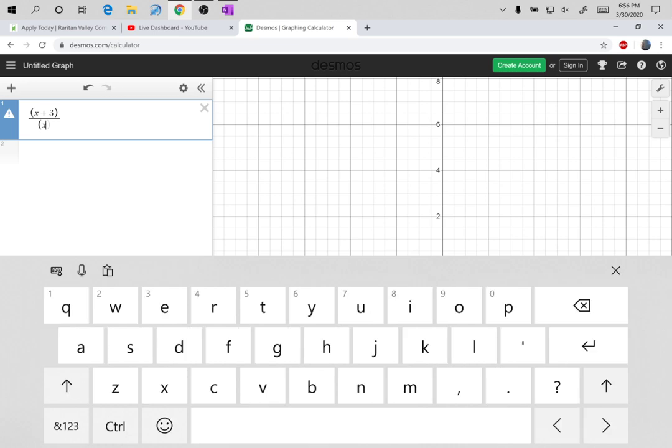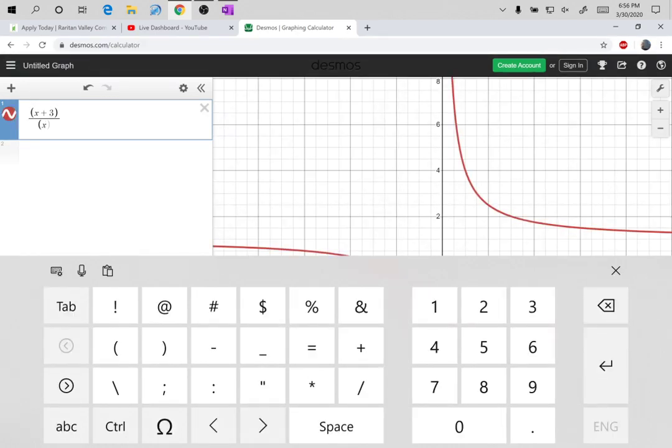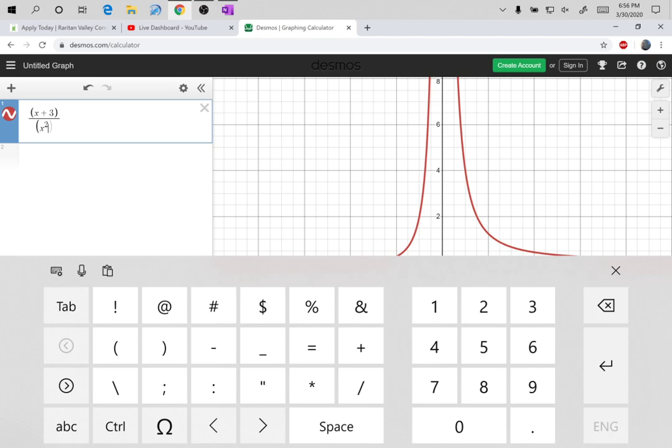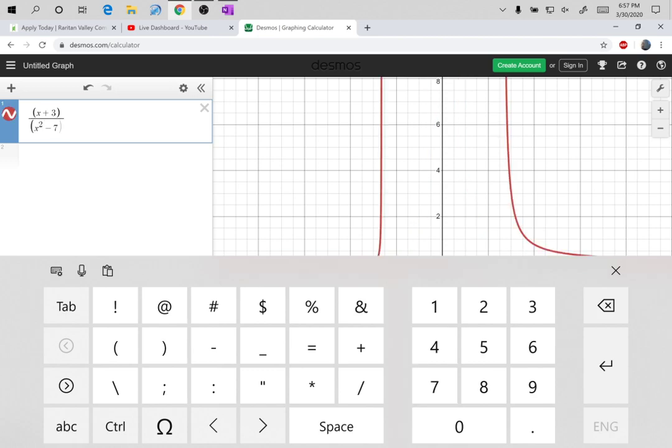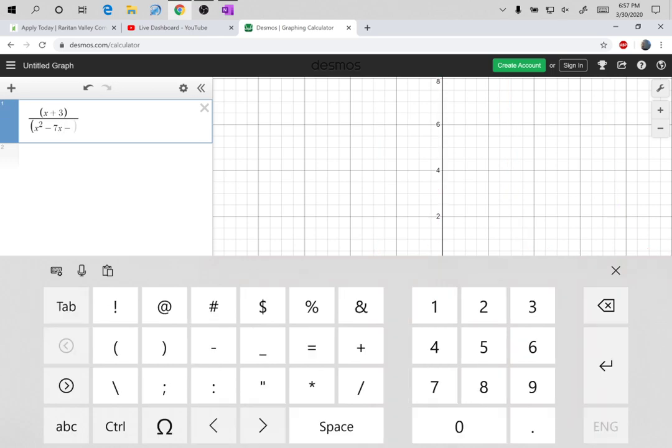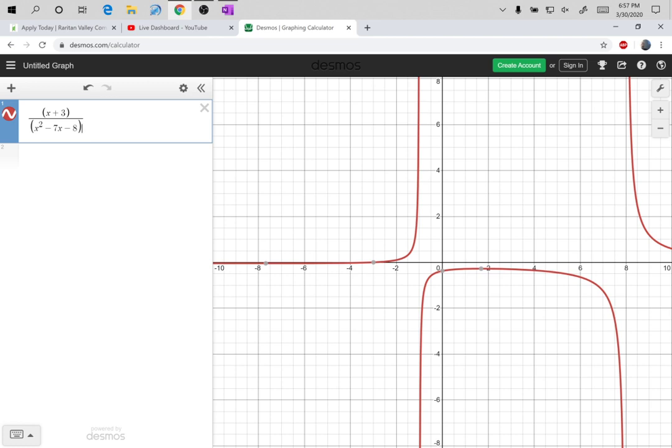We have x, and we need to square this, so x squared, there we go. Now we have to escape this, and then minus 7x, and then minus 8, and close the parenthesis. So I hope we get the graph.